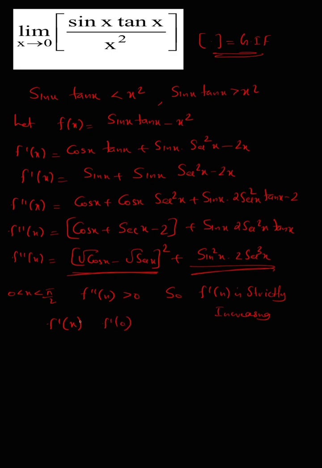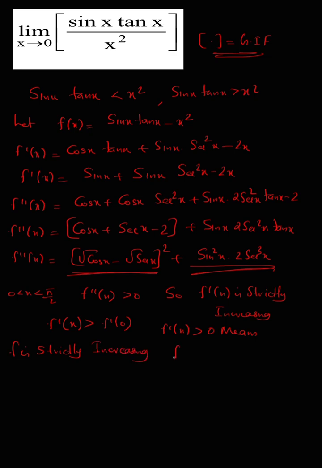This f dash is increasing, and x is greater than 0, so this will be larger than f dash 0. Now what is f dash 0? If you substitute, you will get sin 0, it is 0. So f dash x is greater than 0. F dash x greater than 0 means f is strictly increasing.